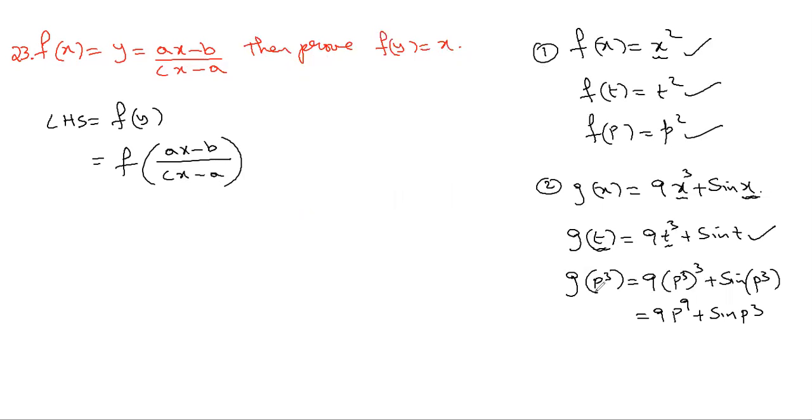See, when input is p square itself it is a little difficult. Suppose here input is 9x cube plus sin x itself. The definition and input both are same. Suddenly you'll get confused.